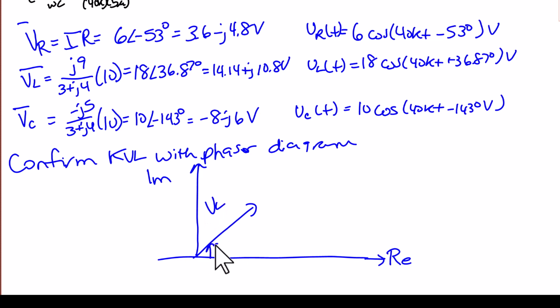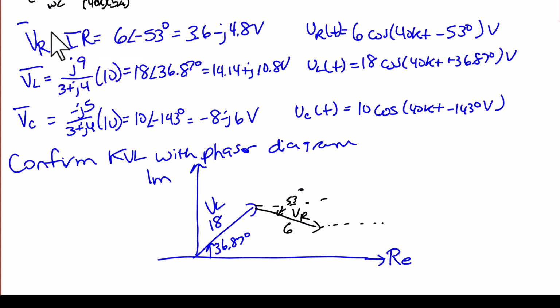Next, I will draw the voltage across the resistor, and we see that that makes an angle of negative 53 degrees with the horizontal and has a length of 6. And then finally, I will draw the voltage across the capacitor, and we see that that makes an angle with the horizontal of negative 143 degrees, and it has a length of 10.